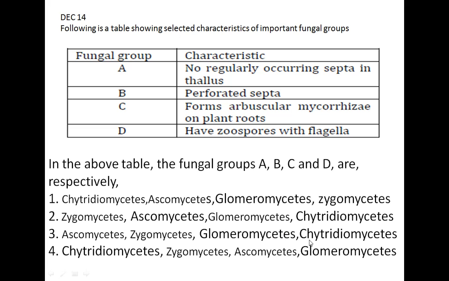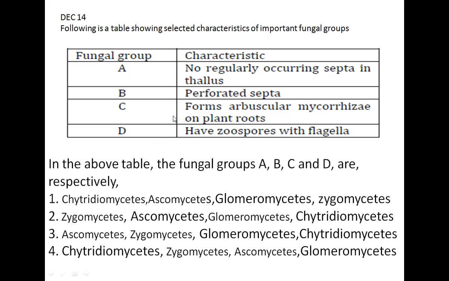So now this one, A, means chytridiomycetes; A has zoospores. B, perforated septa, means ascomycetes. So the answer should be the second option.